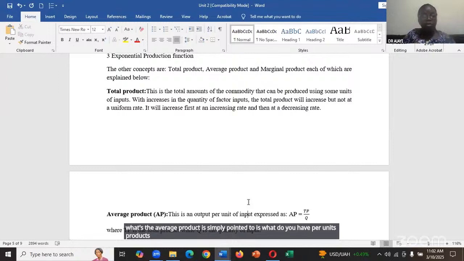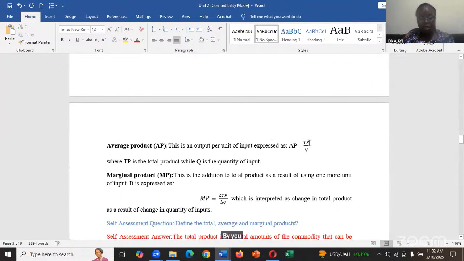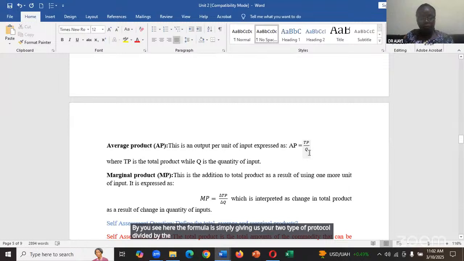So average product, oftentimes you still refer to it as per unit product, and the formula is simply given as your total product divided by the quantity of input. So if you put in 10 inputs, you divide your total product by those 10 inputs that you put, you will have your per unit.